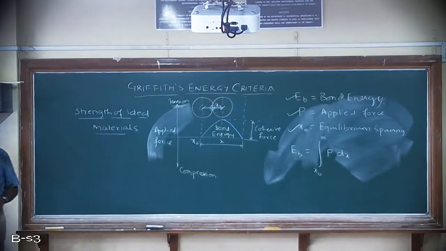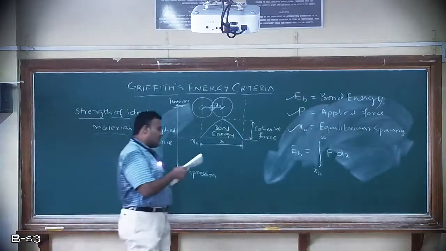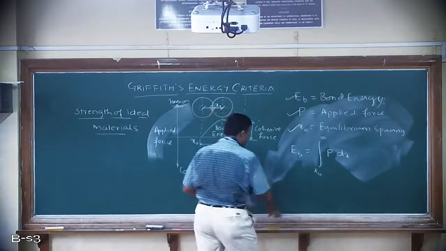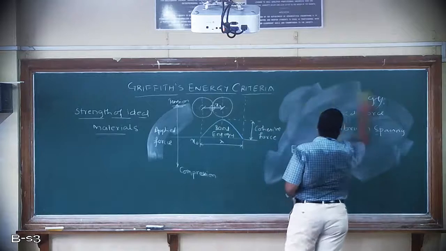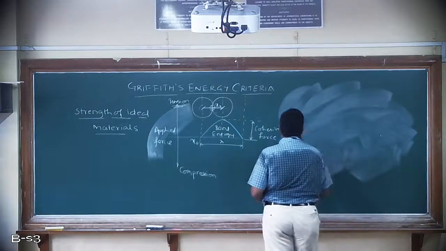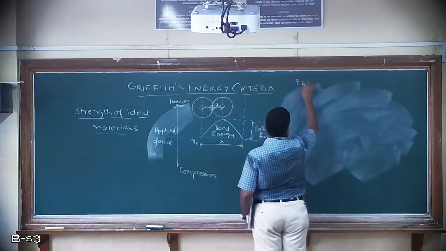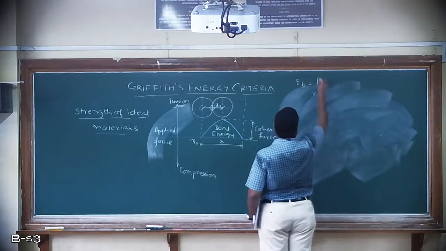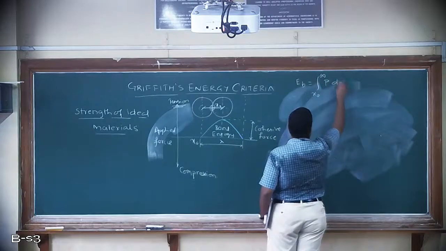Now from this expression, it is possible to estimate cohesive strength by the force displacement relationship as 1/2 of the period of a sine wave. I'll write this EB once again: EB is equal to the integral from x0 to infinity of P dx.